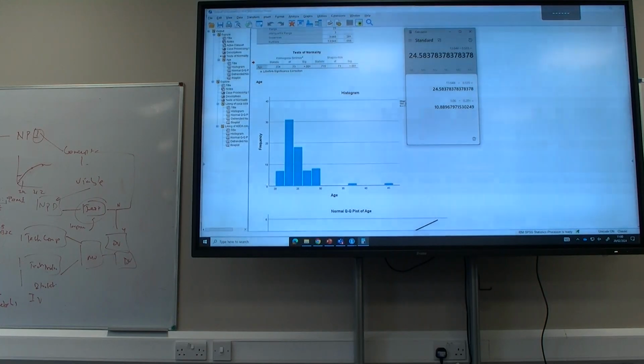If the Shapiro-Wilkes test is significant, it means that your data are significantly different from that nice normal shape. If it's less than 0.05, which this one is, it means your data is significantly different from that shape. That's all.